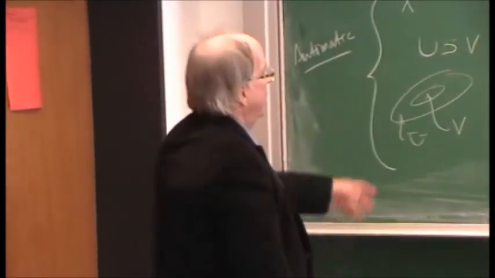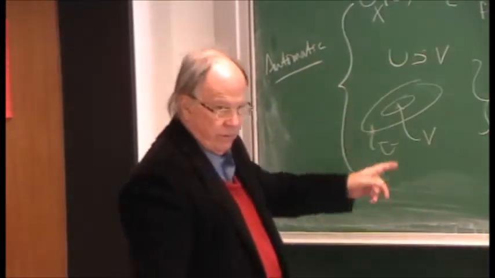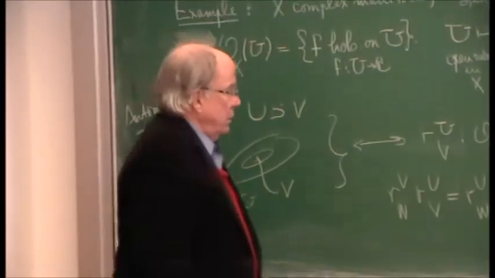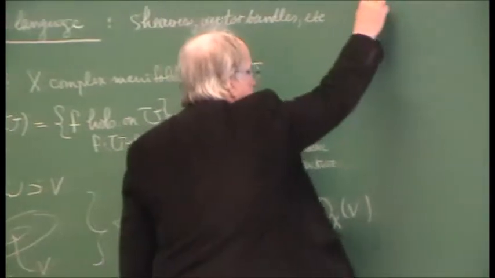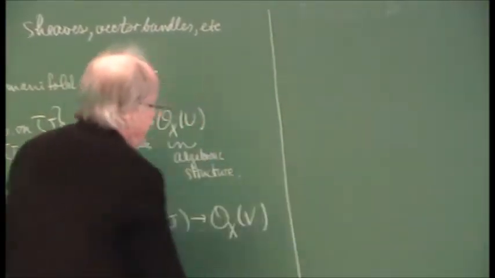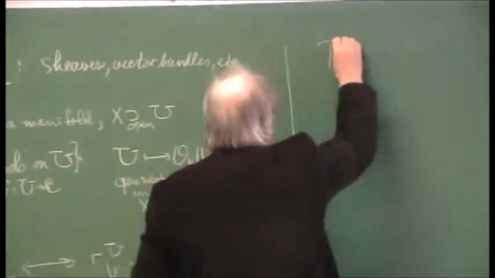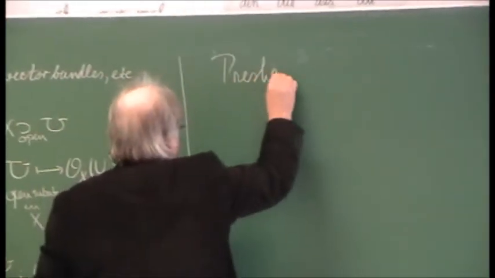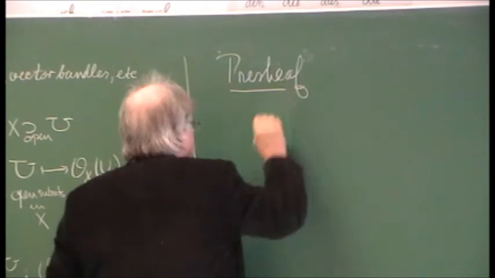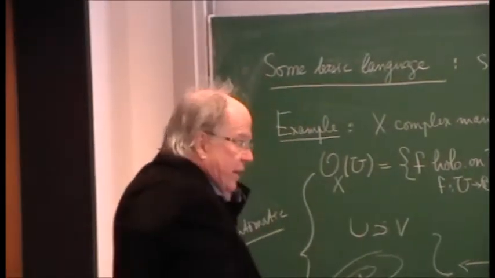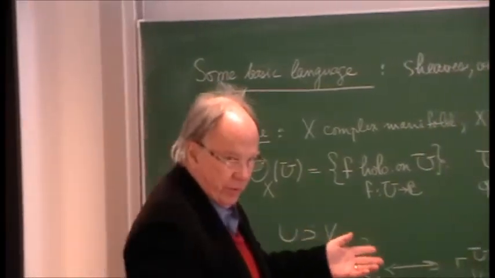This follows just immediately from our definition of a complex manifold. Now this thing that we have here, this association, is called a pre-sheaf. So, this is an example of a pre-sheaf.